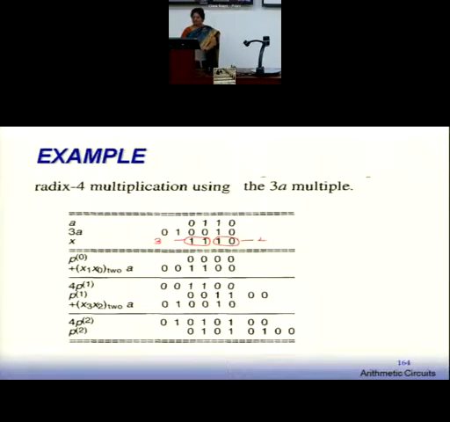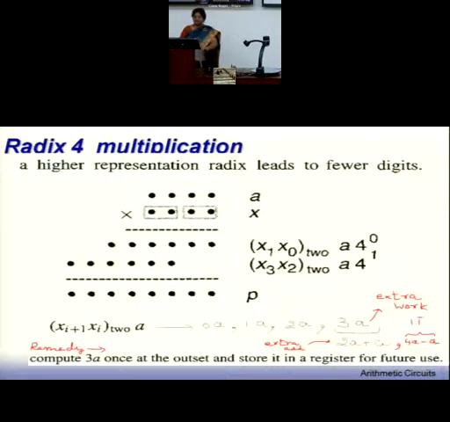Now look here very carefully. 2 bits together can have 4 possible combinations: 0 0, 0 1, 1 0 and 1 1. In base 2, 0 0 means 0, 0 1 is 1, 1 0 is 2 and 1 1 is 3.